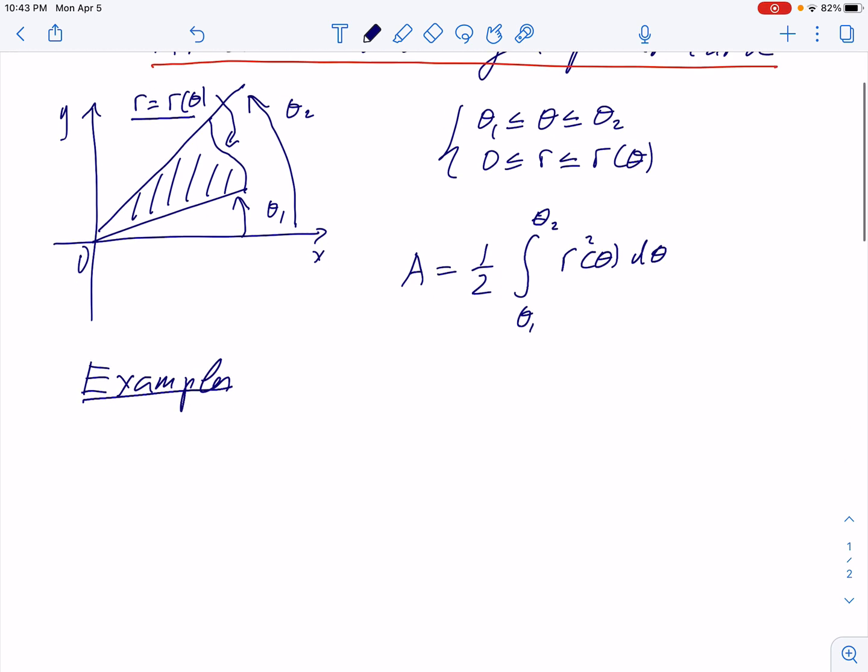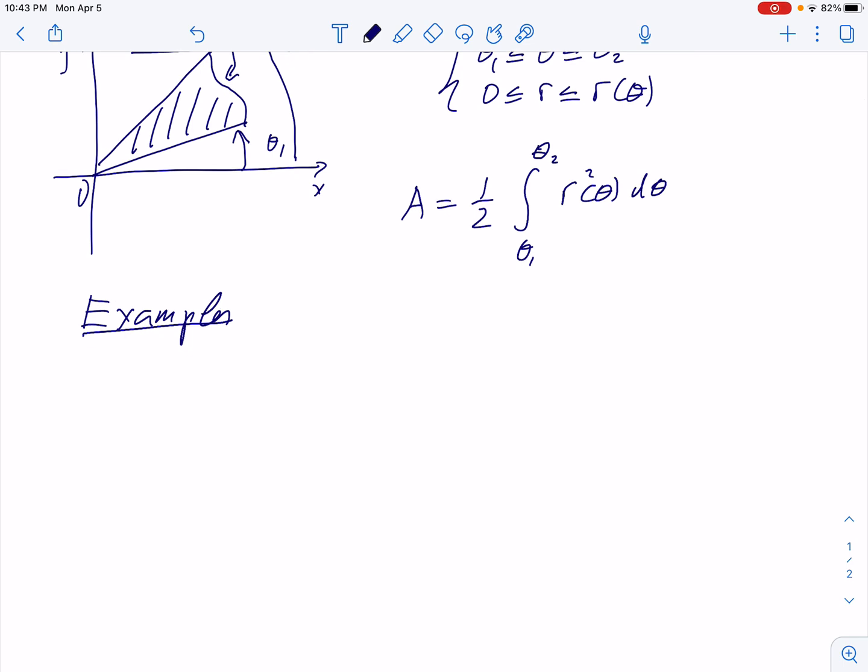Let's start with something very simple. Sector of a circle. Let's take the circle r equals 3. Circle radius 3. And consider, for convenience, sector in the first quadrant. So this is the first quadrant.